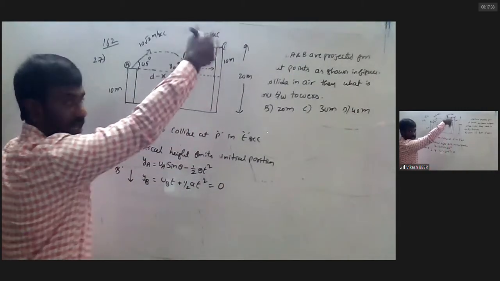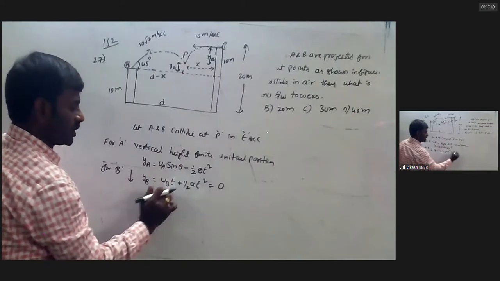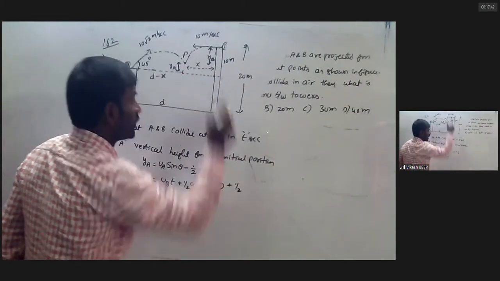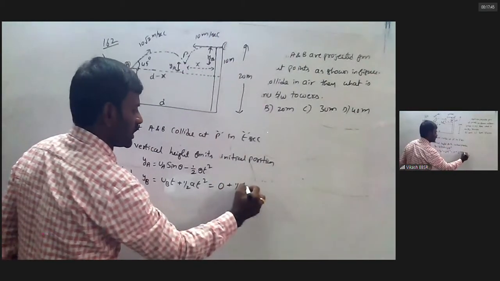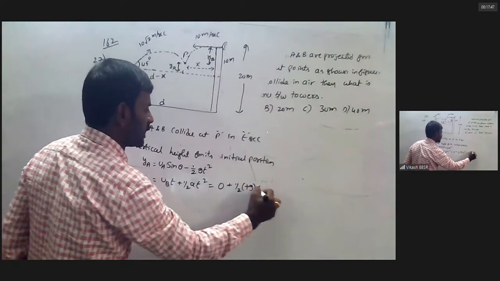Initial velocity vertical downward is 0, plus half into g into t squared.